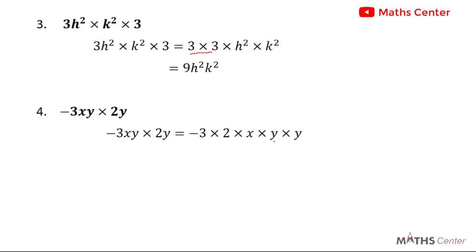We've seen that if you multiply y by y, you are going to get y squared. So to begin with, we are going to multiply minus 3 by 2. Minus 3 times 2 gives us minus 6. So times x times y squared. So minus 6 times x times y squared is giving us minus 6xy squared.